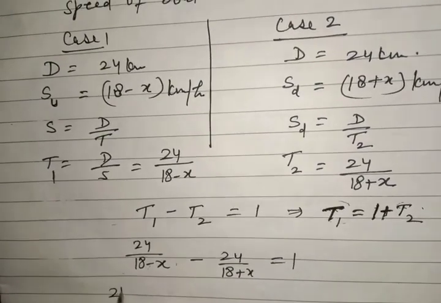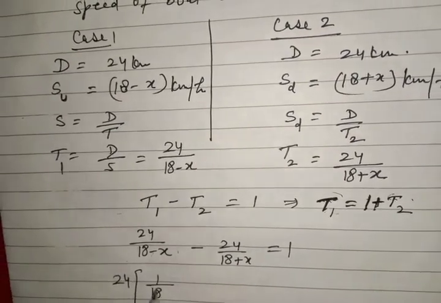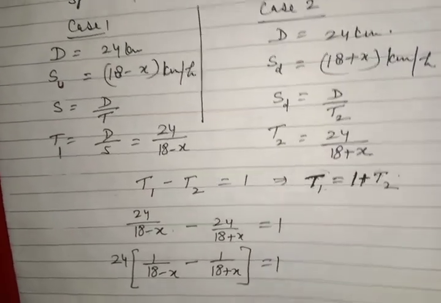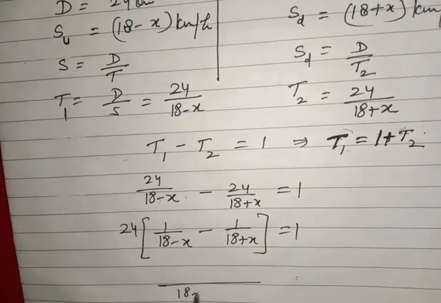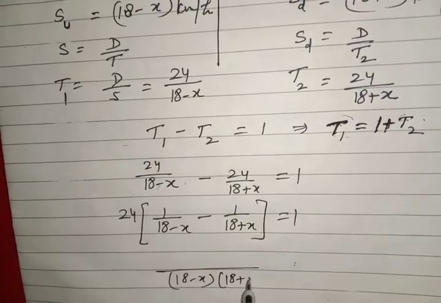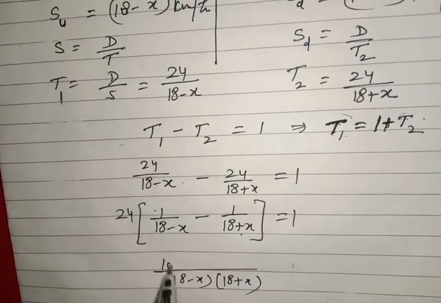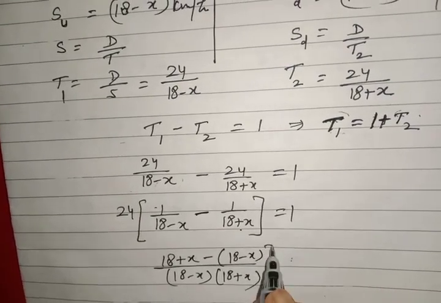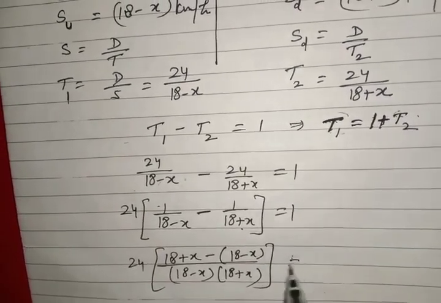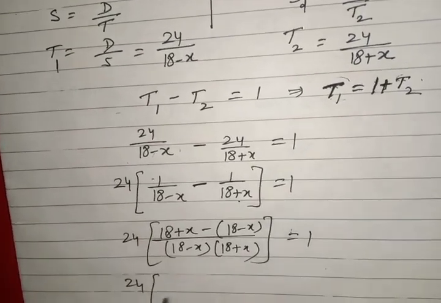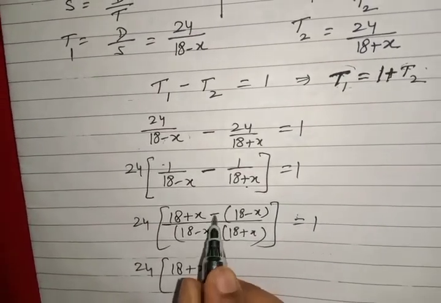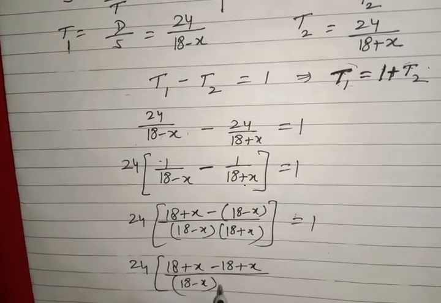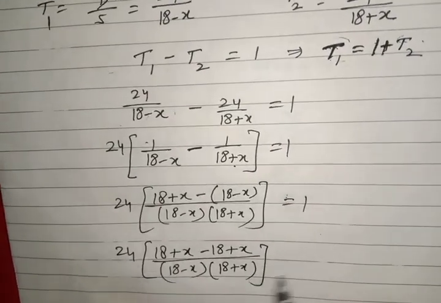Now 24 we can take common, and it is 1 upon 18 minus x minus 1 upon 18 plus x is equal to 1. After taking LCM, 18 minus x in one bracket, 18 plus x in other bracket, it will go that side, 18 plus x, because here is minus, so we need to put bracket 18 minus x, it is 24 is equal to 1. So 24, it is 18 plus x, now open the bracket, minus 18 plus x upon, it is in multiplication, leave it as it is, equal to 1.